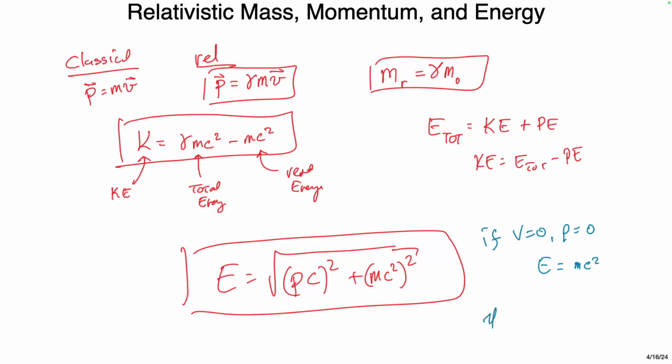So if the mass is 0, then E is equal to the square root of (pc) squared, which means that the energy is equal to the momentum times c. Or in other words, light has momentum.